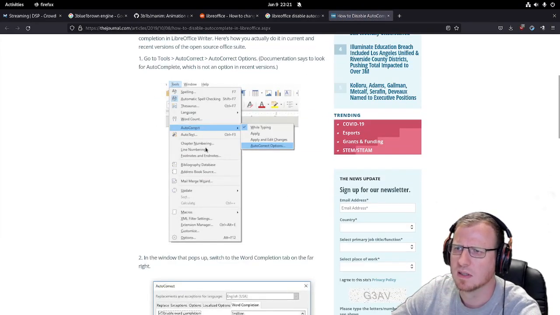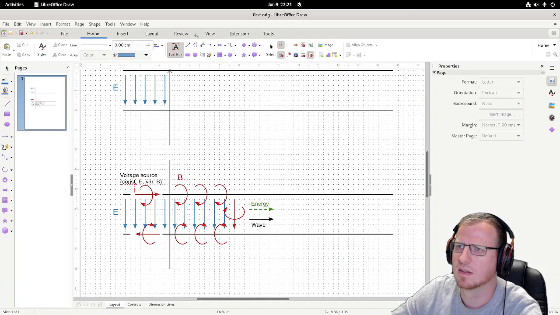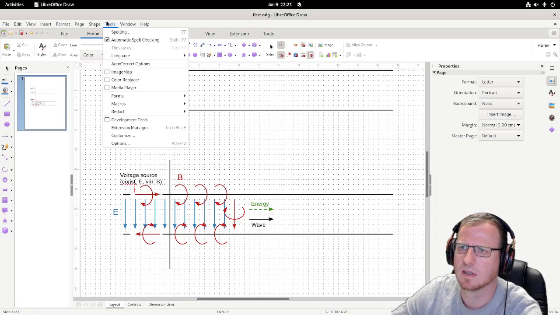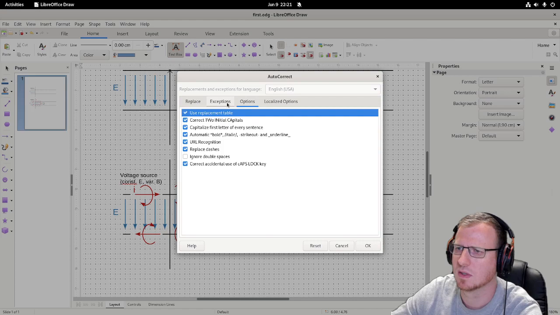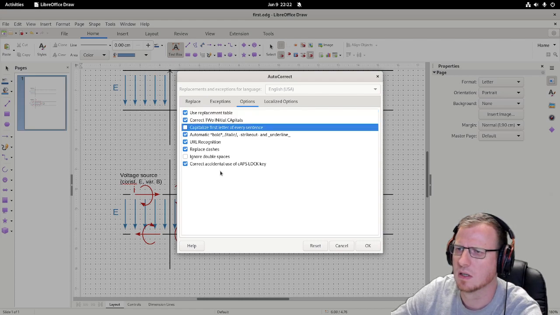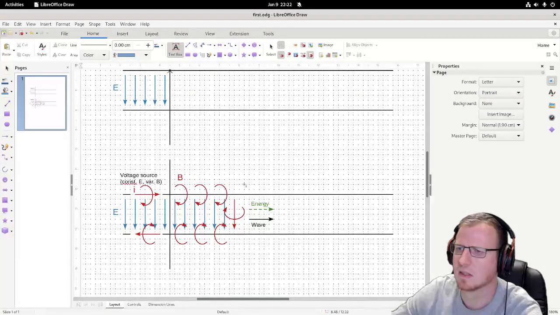So, come on. Tools, autocorrect. While typing, tools. Automatic correct option. Disable everything. Options. Don't do that, please.